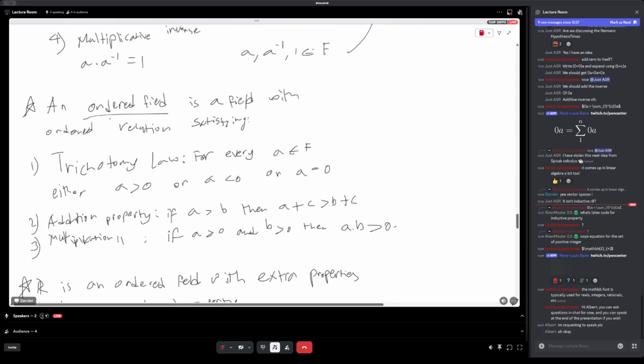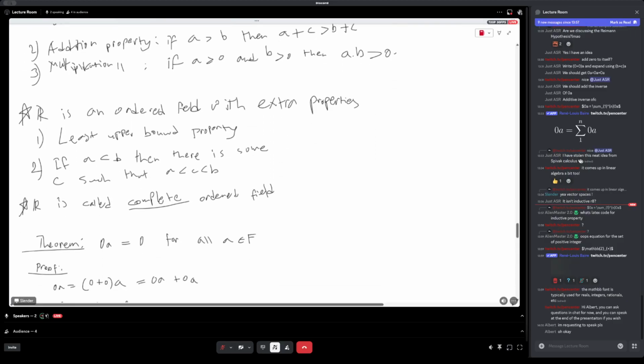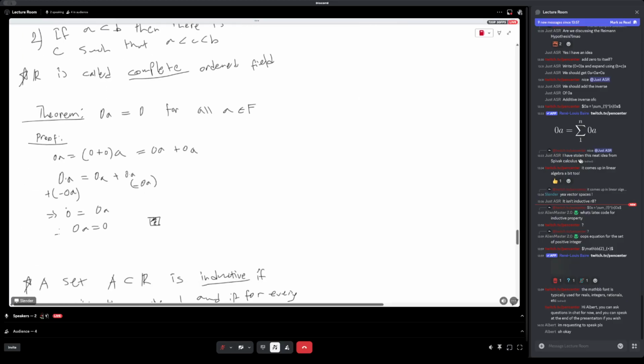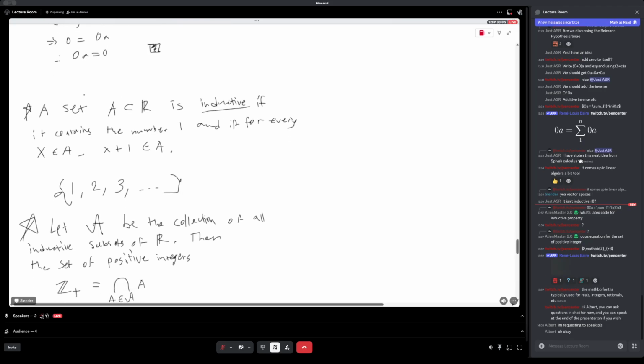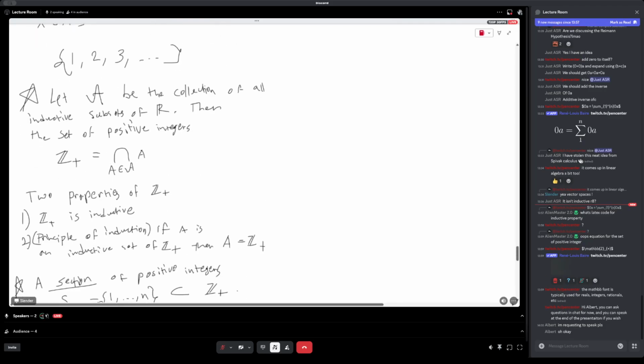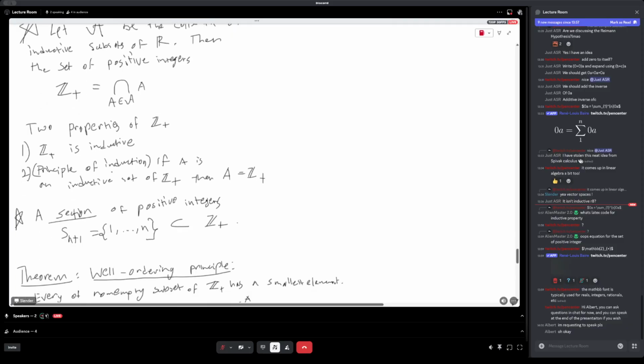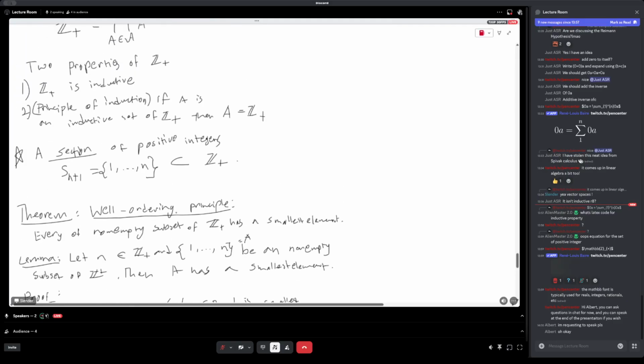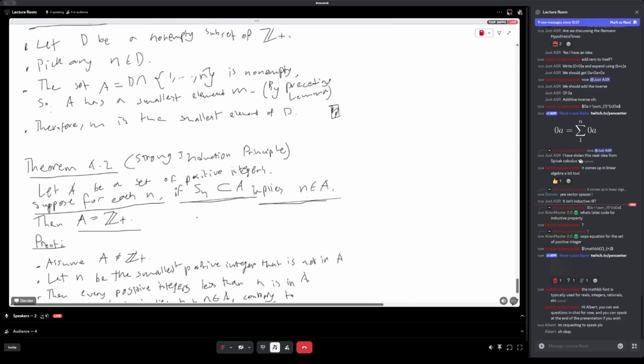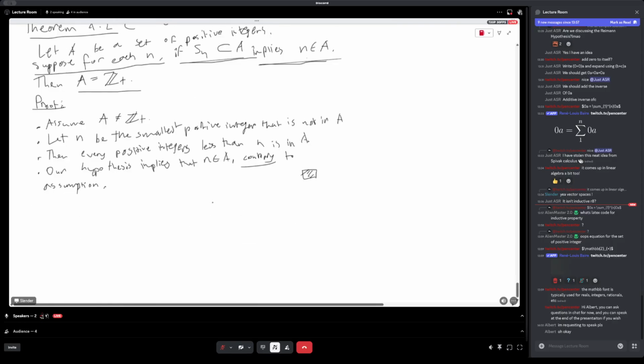We defined what an ordered field is, and we said R is an ordered field with extra properties. We proved a theorem about fields, that 0 times any number is 0. Then we defined inductive sets, and using that definition we defined the set of positive integers. We proved the well-ordering principle, then we proved the strong induction principle.